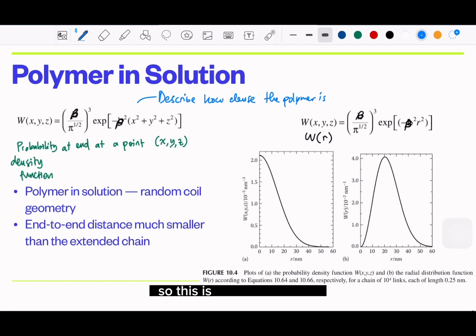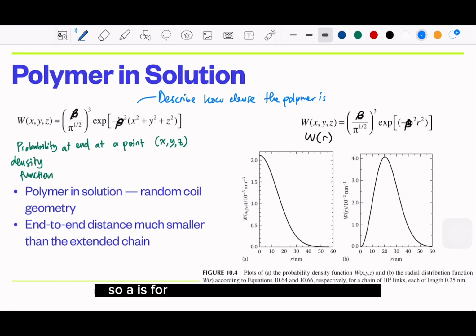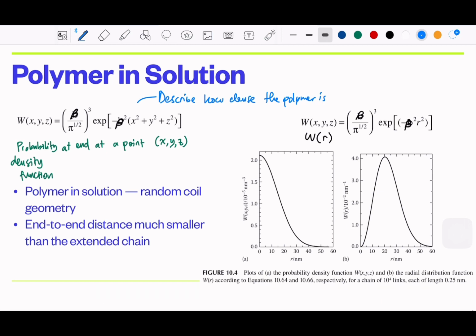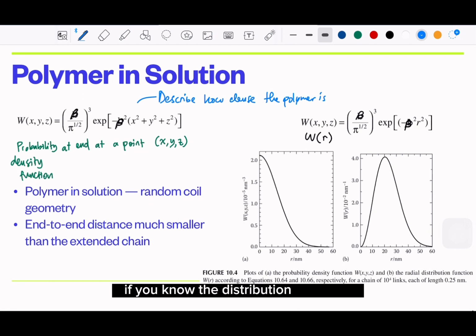So this is a plot of these two probability density functions, where A is for the XYZ and B is for the R. And if you know the distribution functions, one of the famous ones, usually using the normal distribution, we call the Gaussian function.